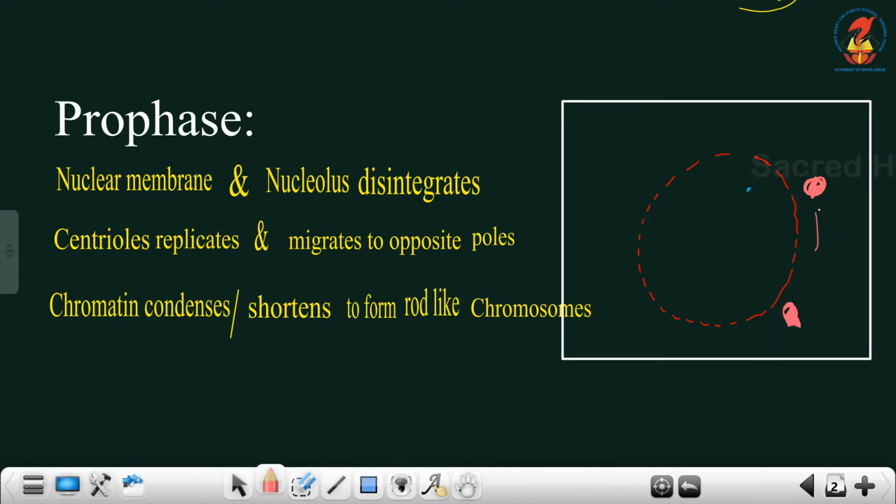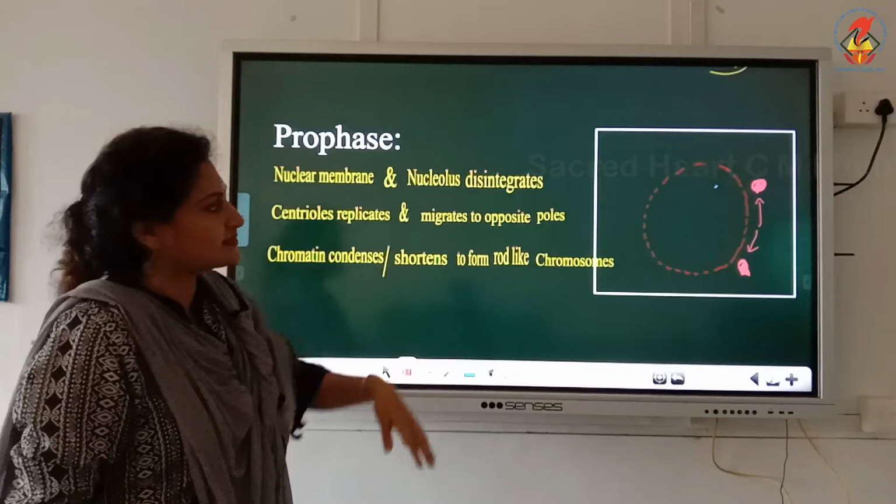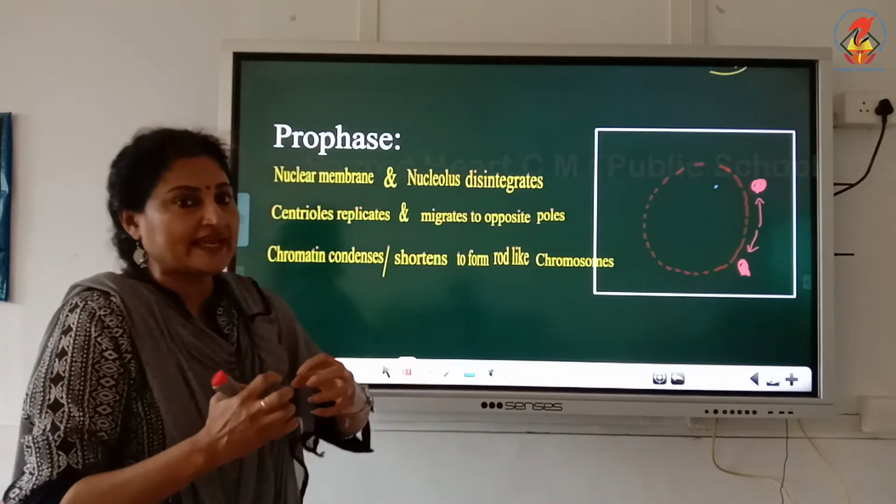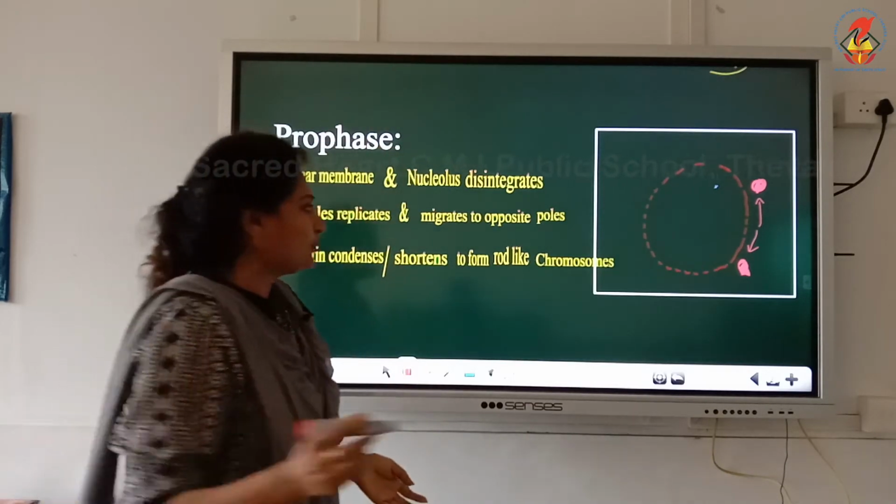So, in your diagram you must show with arrows that they are on their way to the opposite poles. Clear? So, the centrioles replicate and move to the opposite poles.